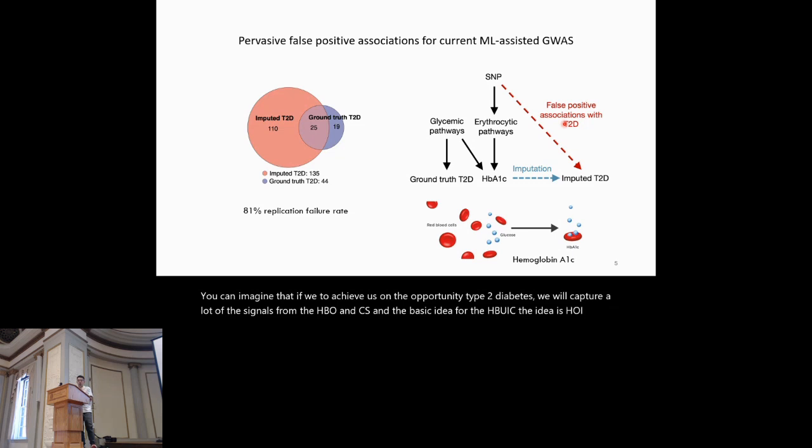Although HbA1c is used as a clinical biomarker for type 2 diabetes, it measures how much glucose is attached to the blood cells. So if some people have normal glucose control but genetically have more blood cells, they will have elevated HbA1c levels.